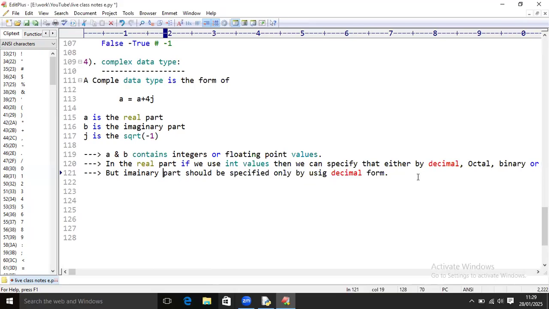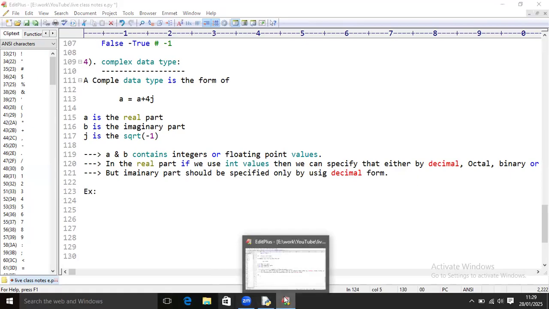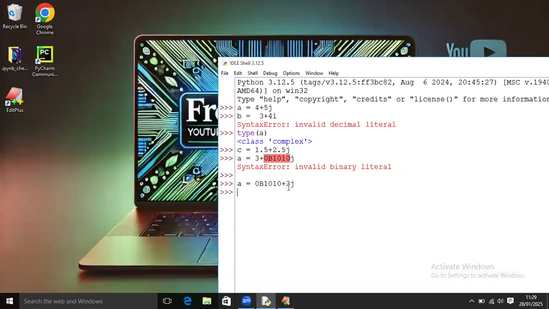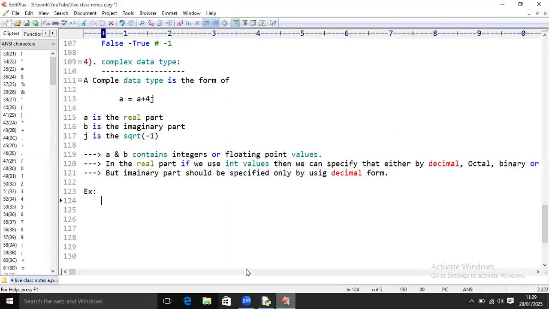Let's write some examples for that. Let's copy paste this. A equal to 3 plus 4j.